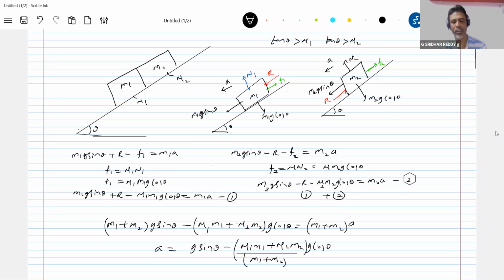If you want, you can take g outside. So we end up with this basic equation, the expression for acceleration.